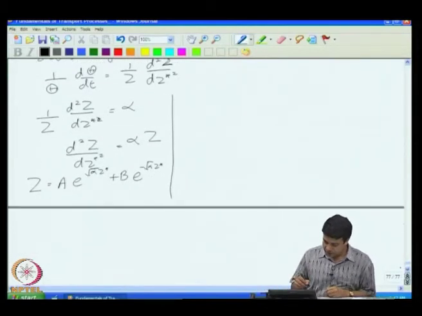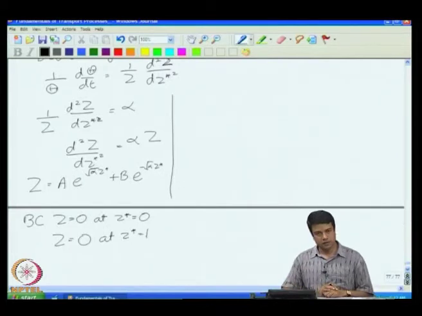So, in this case I require the boundary conditions Z is equal to 0 at z star is equal to 0, and Z is equal to 0 at z star is equal to 1.